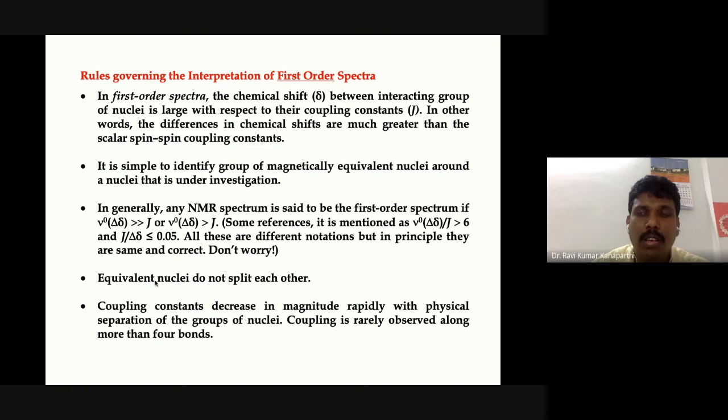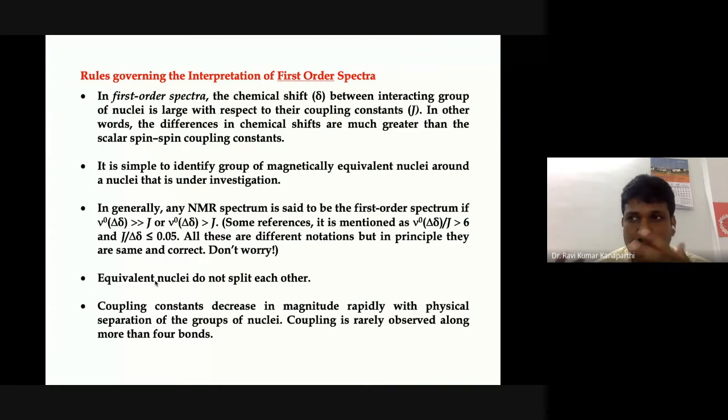In any NMR spectrum, if the chemical shift difference between two sets of protons is much larger as compared to the coupling constant J, we say such a spectrum is a first order spectrum.